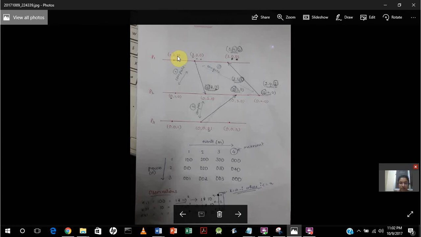This says event 3 of process 3 is 0. Similarly here, this says event 2 of process 1 is 2, event 2 of process 2 is 0, and event 3 of process 3 is 0 as well. So that is how these numbers can be interpreted.